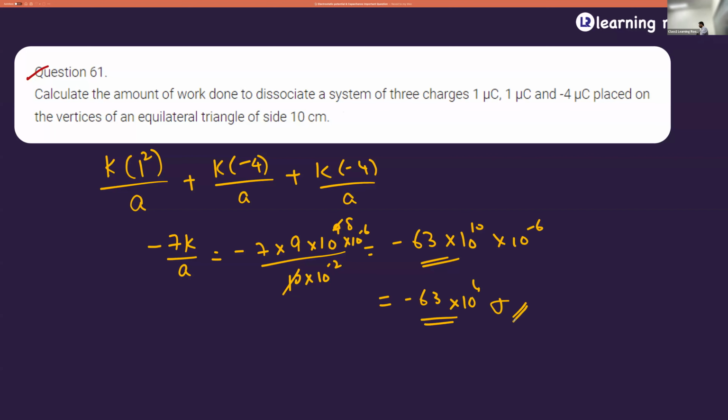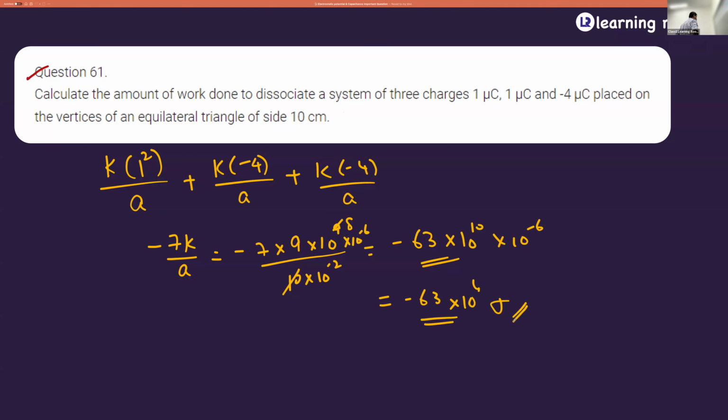So what is the answer? Minus 63 into 10 power minus 2 joule.